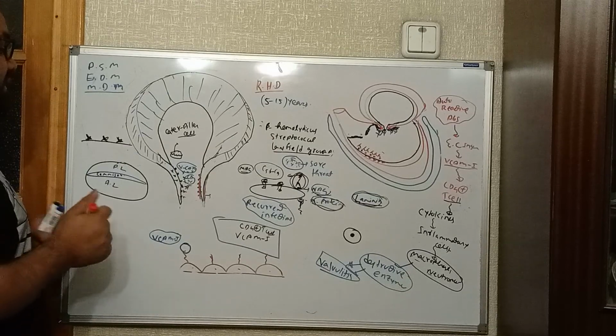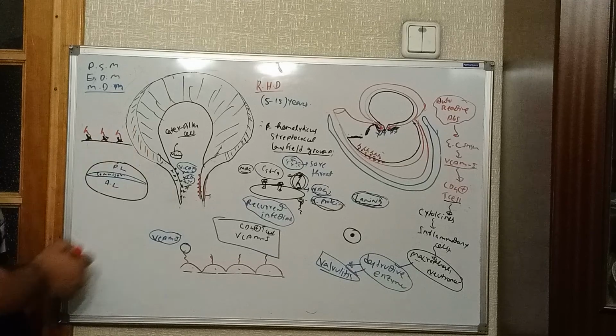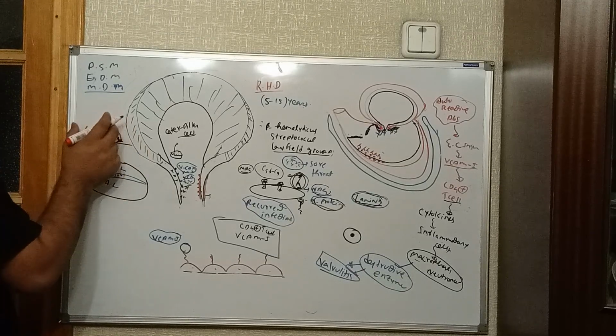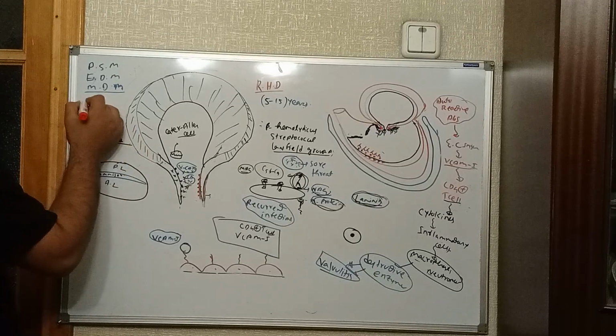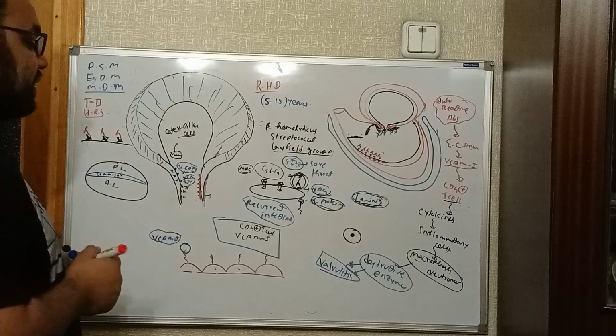So you see the antigens are fixed. Now the antibodies will come by the circulation and get distributed over here. So antigens are fixed, antibodies are coming over here. This type of reaction is a type 2 hypersensitivity reaction.